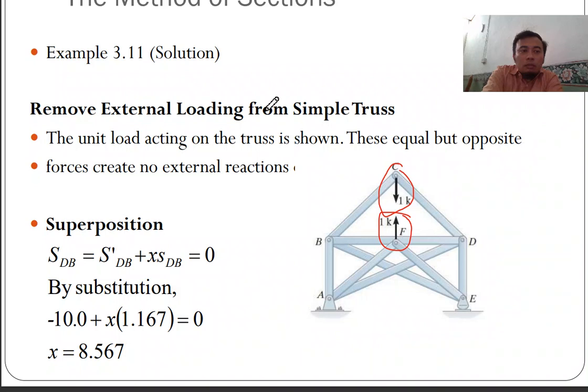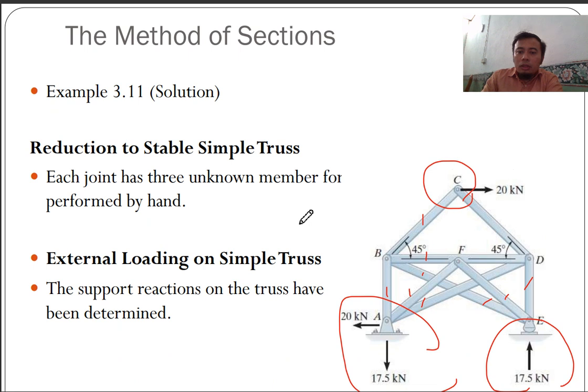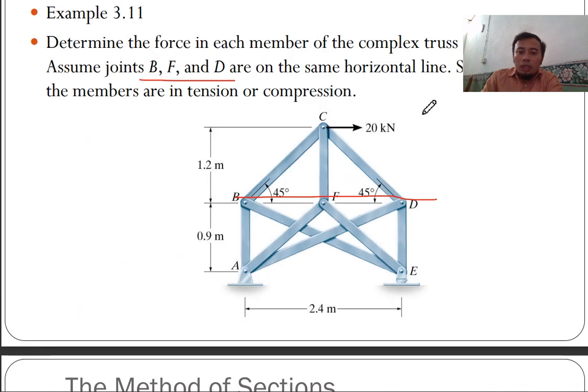So basically the original question is here. This is your original question. So all joints have three unknown member forces, 1, 2, 3. So what we want to do is remove this member CF and substitute it to BD.